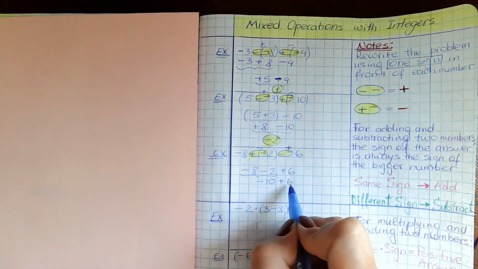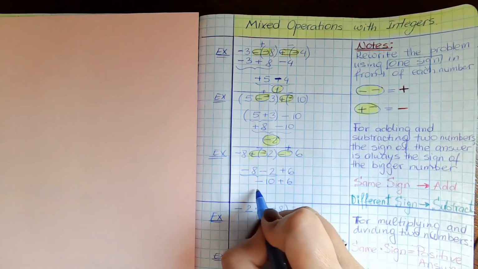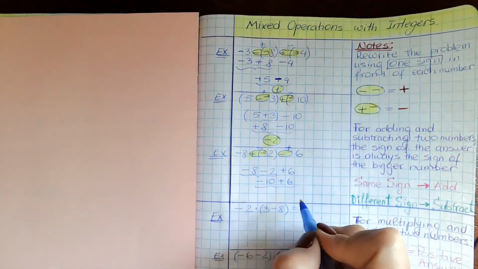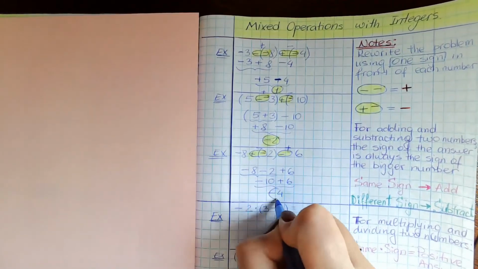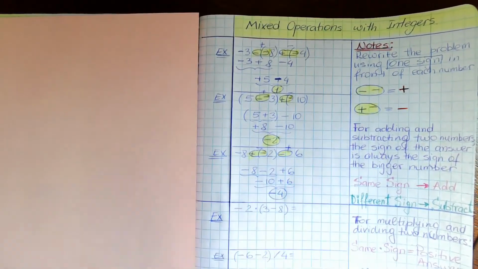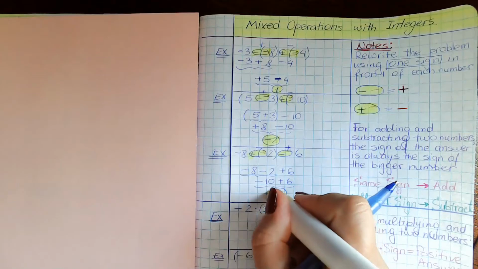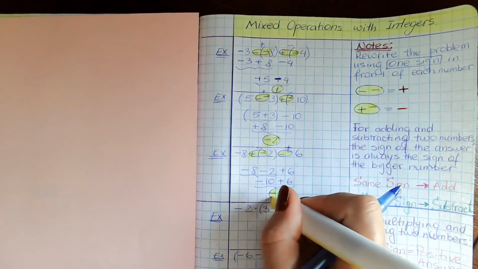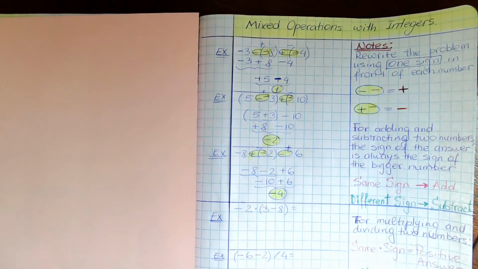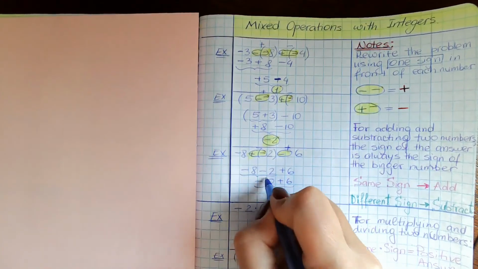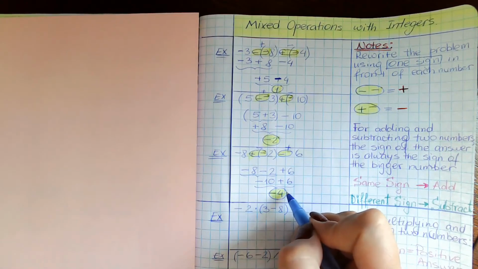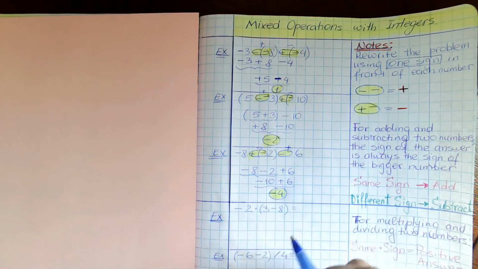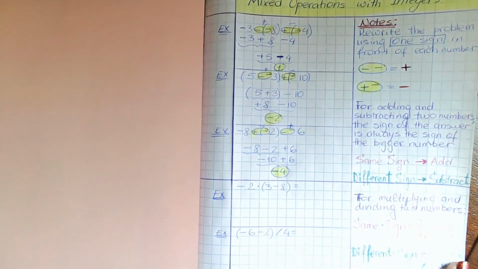Spades and hearts, different sign, subtract and keep the sign of the bigger number, negative 4. Negative is more, so it is negative for the answer. 10 spades and 6 hearts. If I cancel, you have more spades. So subtract and keep the sign of the bigger number.